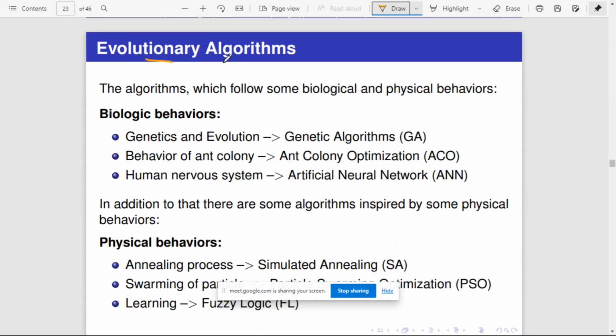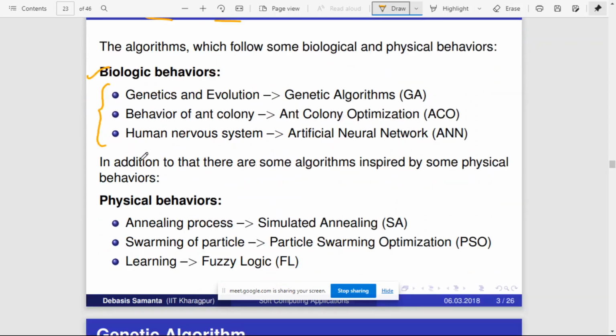These algorithms are called evolutionary algorithms. Again, these evolutionary algorithms can be classified under two categories. There is a set of algorithms which are inspired from biological behaviors, the biological behaviors of humans or any species. Okay.